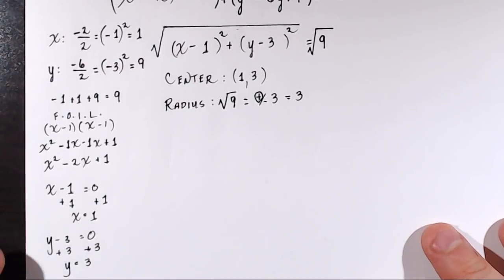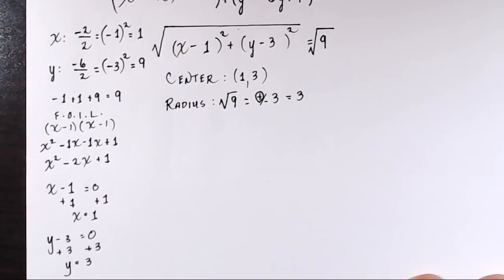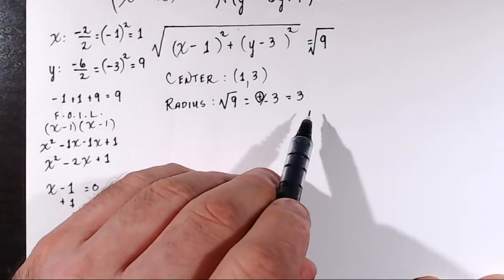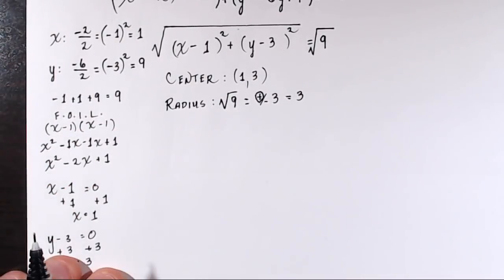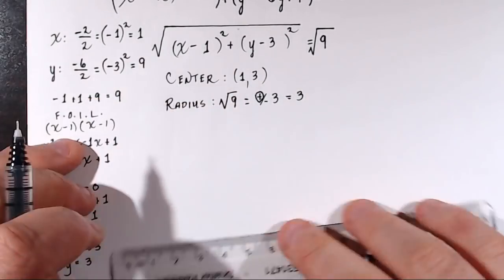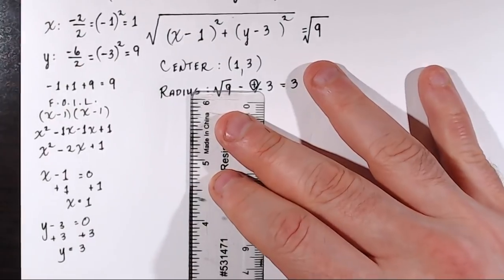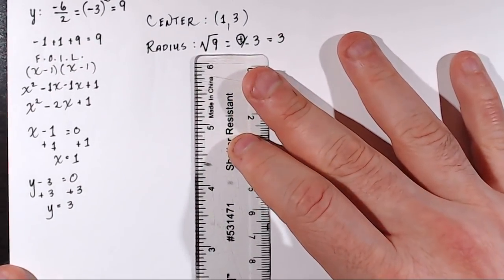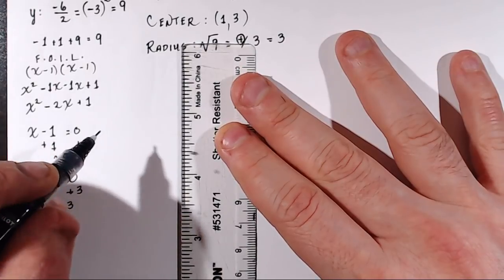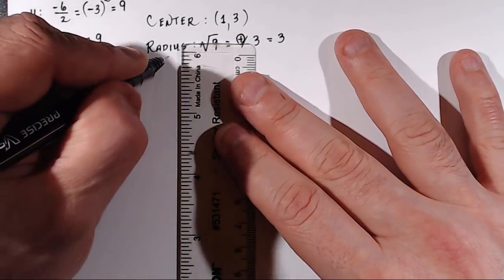Okay? So now that I know that the center is at 1, 3, and that the radius is 3, I will now graph this circle. So for this, we'll try to make an accurate graph, and I think I'll make every half inch of this ruler a point on that graph.